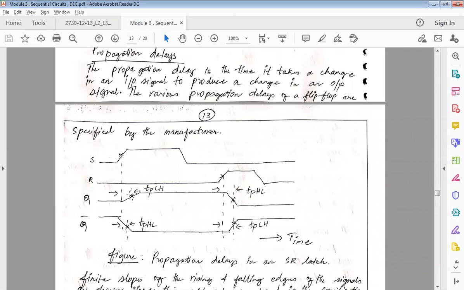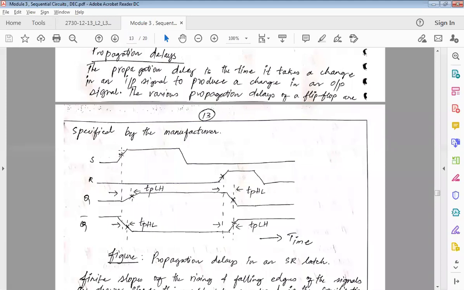Initially the value will be 0, and then slowly it turns on, moving from a lower value to a higher value. It's stable for some time, and then it comes down to 0. Just assume that this is a random waveform for S, and R is also a random waveform.